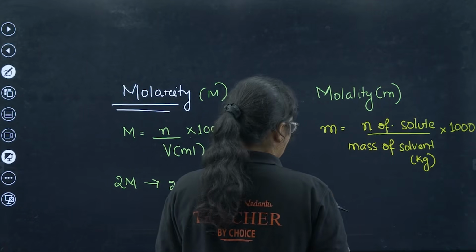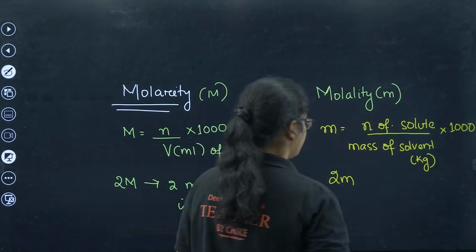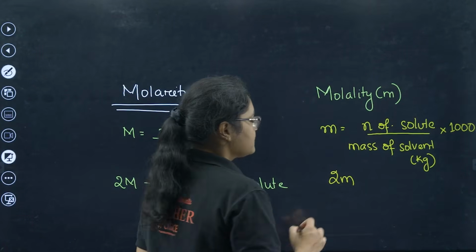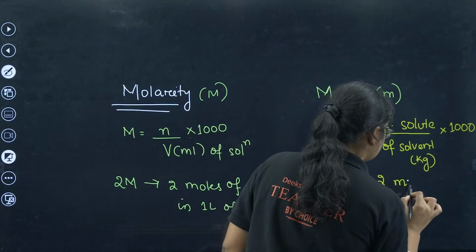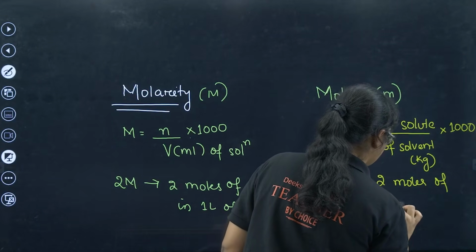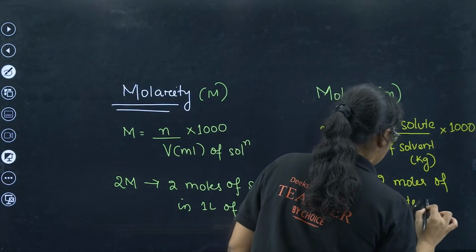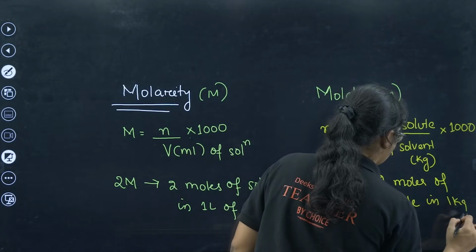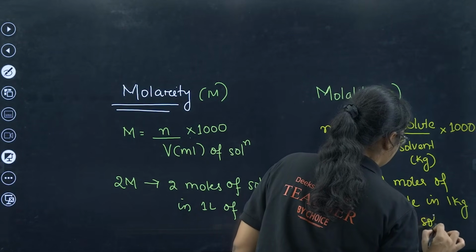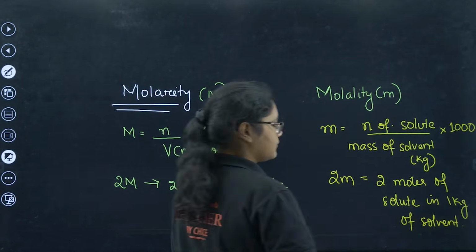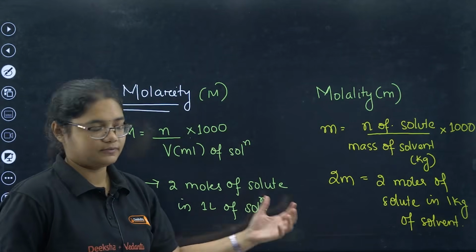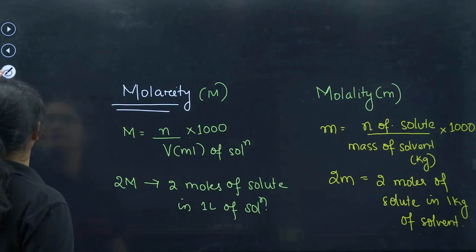So if I have 2 m, what will it be? It will be 2 moles of solute in 1 kg of solvent. That is the definition. So please note down these two formulas, pause it and note them down.